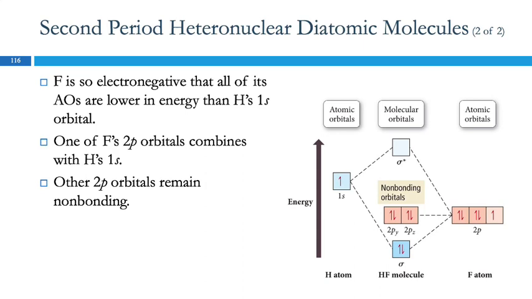Here's hydrogen and fluorine. Fluorine is the most electronegative element, and so this one's really wonky. All of its atomic orbitals are lower in energy than hydrogen's 1s orbital. So when this combines, you get a little wonky, right?